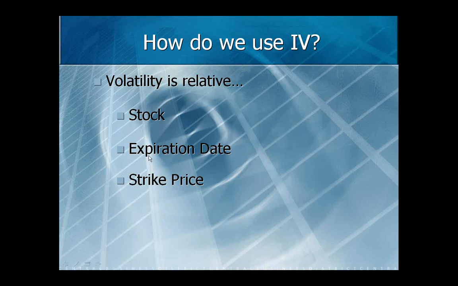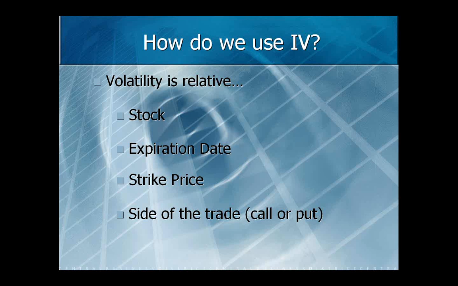Now, when we're talking about the difference in volatility over different expiration dates, that's called horizontal volatility. When we're talking about the difference in volatility between strike prices in the same month, that's vertical volatility. I'm not going to go into explanation of those, just wanted to give you those definitions.